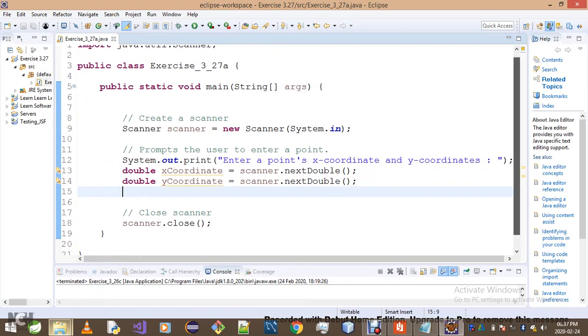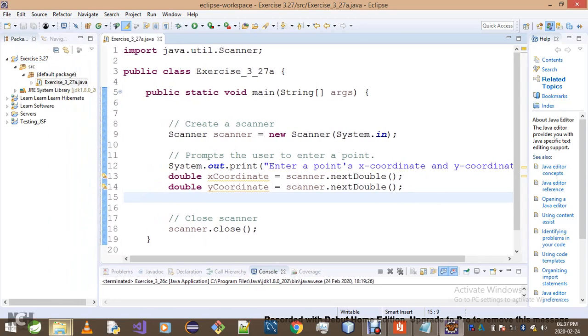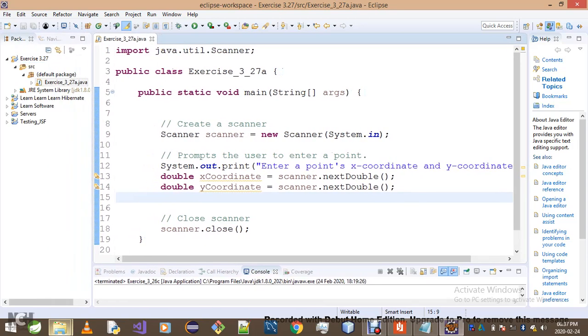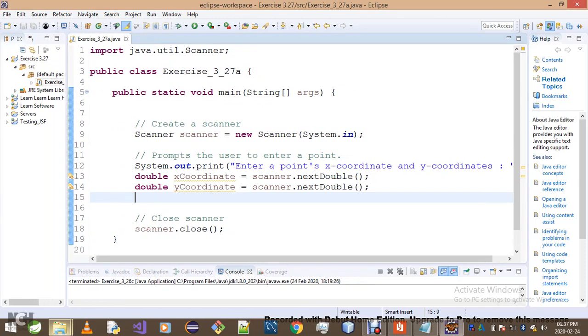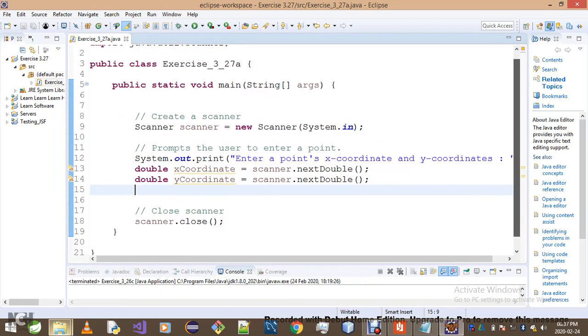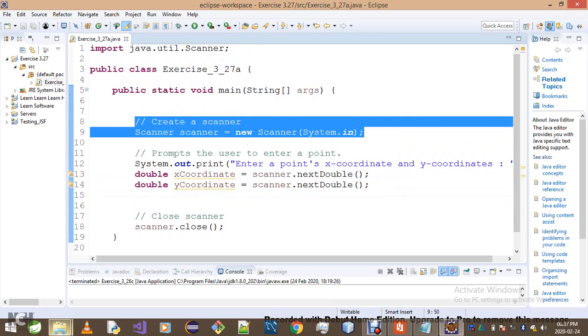I just did basic things, which is to create a project. I created the project called exercise 3.27. Inside that project, I created a class called Exercise3_27a, which simply says you're doing it from student A's perspective. Furthermore, I created a scanner, as you guys can see.